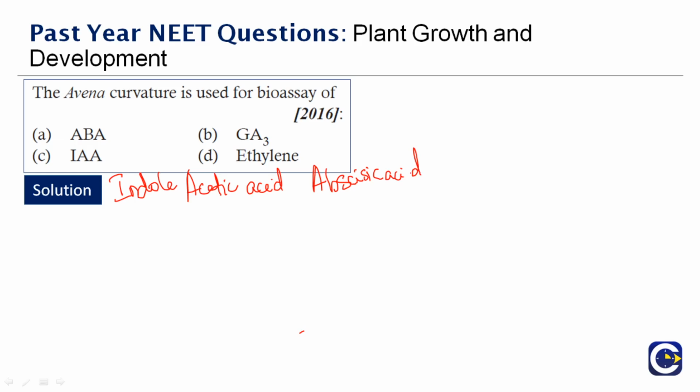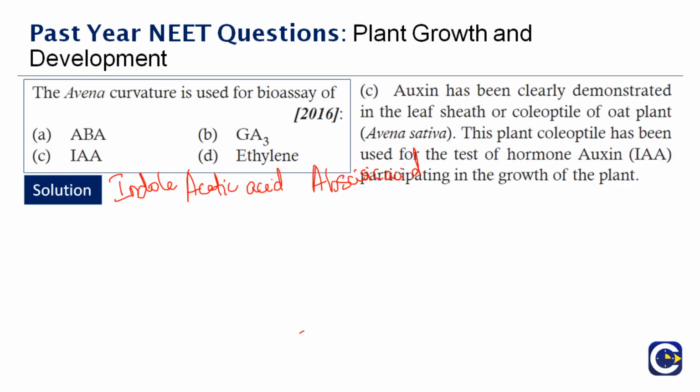Auxin has been clearly demonstrated when it comes to the leaf sheath, and especially when we talk about Vena curvature, we talk about the auxins. The coleoptile has been used for testing the hormone auxin, which is IAA.